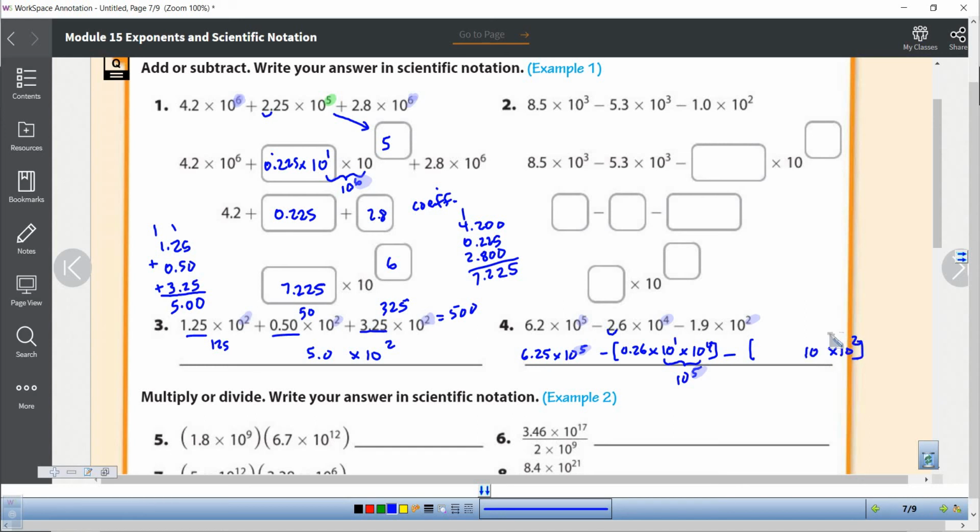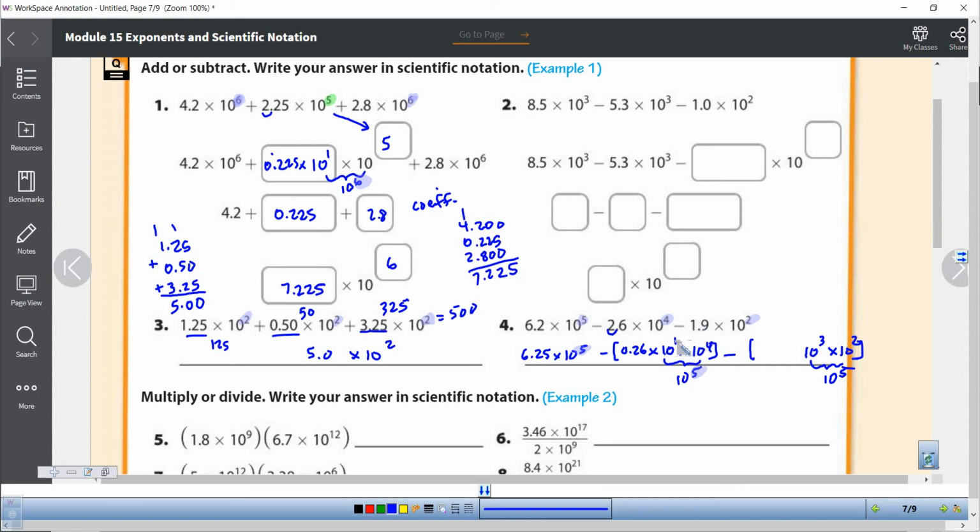You have to multiply by 10 to the 3rd power. Do you agree? That will give me 10 to the 5th. Now, here's where it's going to be tricky. I didn't make it 10 times smaller, right? I didn't make it 100 times smaller, or bigger, I should say. I made it 1,000 times bigger, so this one has to get 1,000 times smaller.